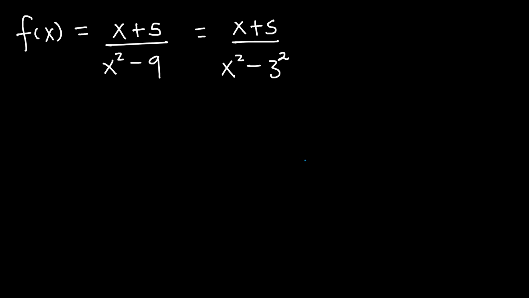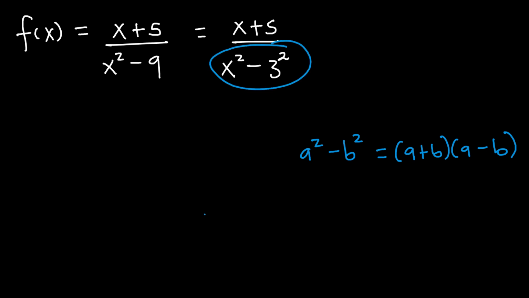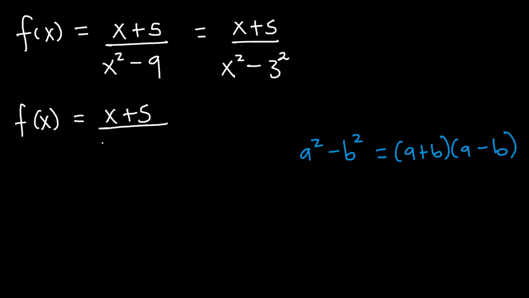And from the difference of two squares, whenever you have a to the power of 2 minus b to the power of 2, this is the same as a plus b, times a minus b. So we shall express this in the same way. Therefore, f of x will be equal to x plus 5 divided by x plus 3 times x minus 3.